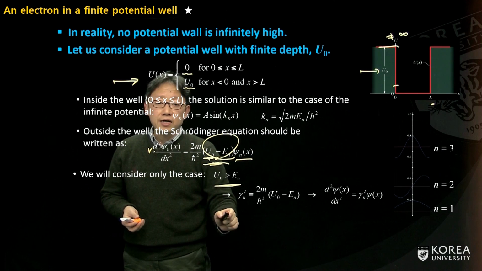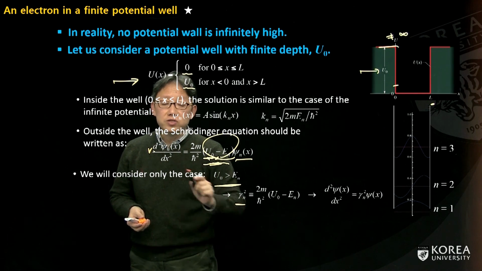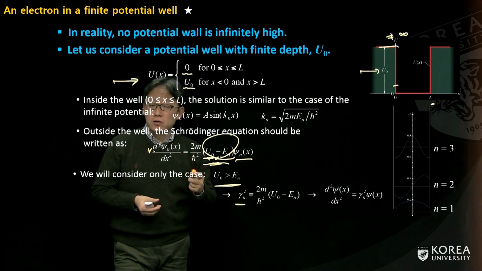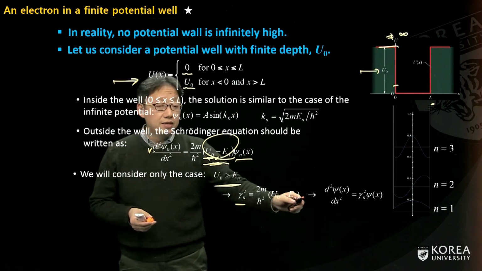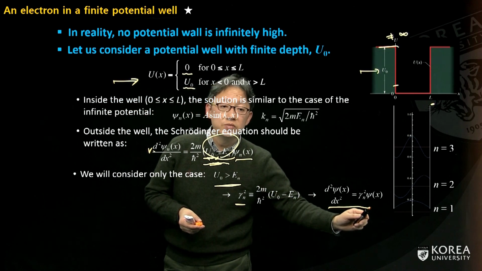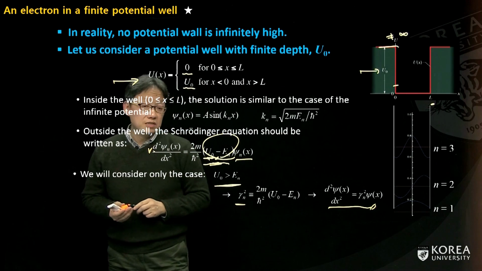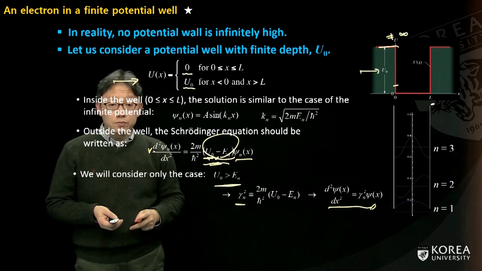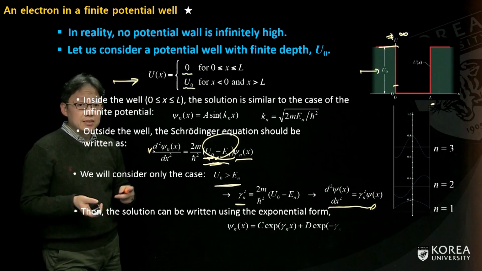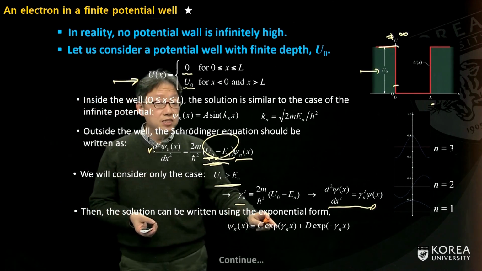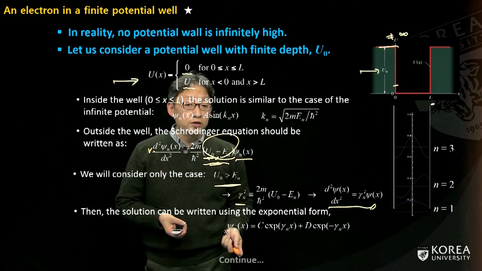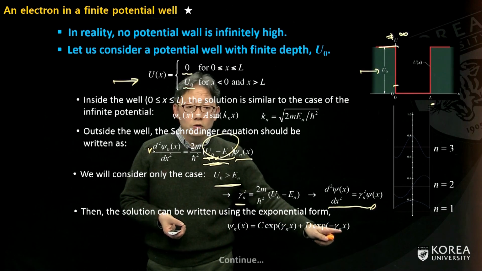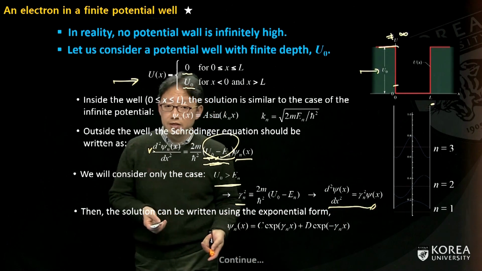Therefore, let's replace that part using a certain number squared, which we call gamma squared, because that part has to be positive. Then our Schrödinger equation can be very simply written this way. So in this case, the general solution for this type of differential equation can be written using the exponential form. You have a square, so the solution may be exponential of plus gamma x or exponential of minus gamma x, okay?